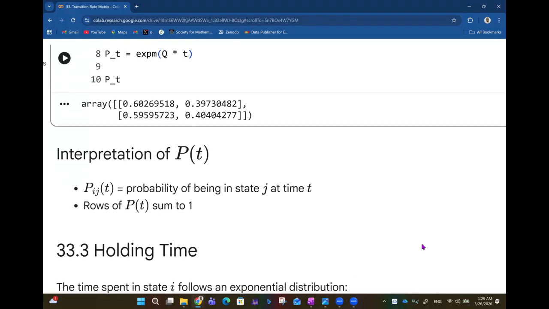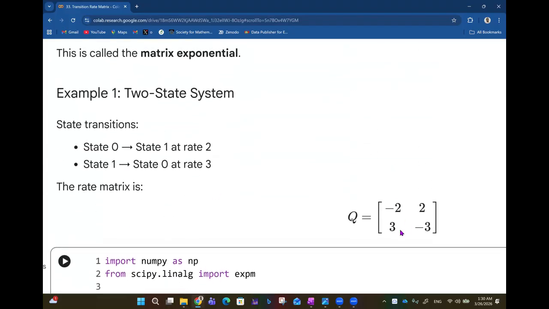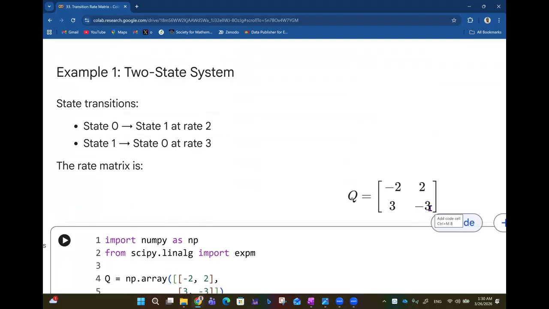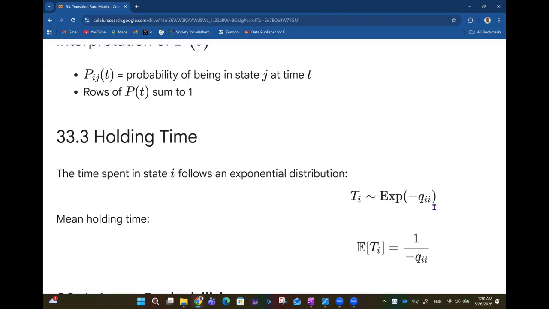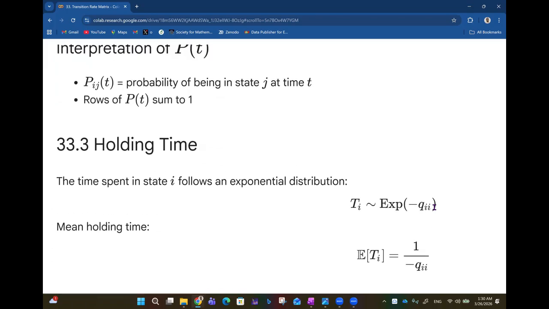So here, the mean holding time in state 0 will be 1 over minus Q00. That's 1 over minus minus 2, which is 1 over 2, that's 0.5. But for state 1 it will be 1 over minus Q11, that's 1 over 3. That's the holding time, the time spent in state i.